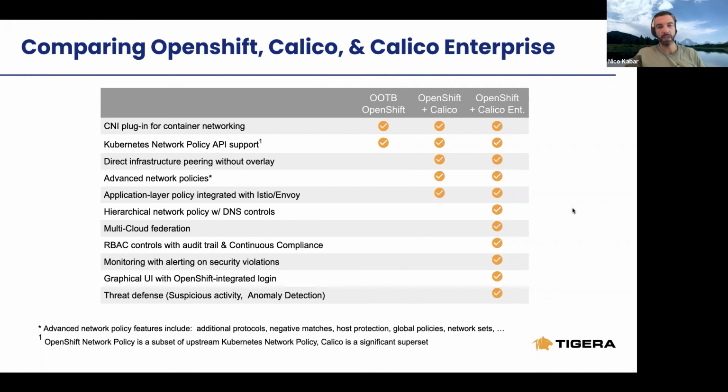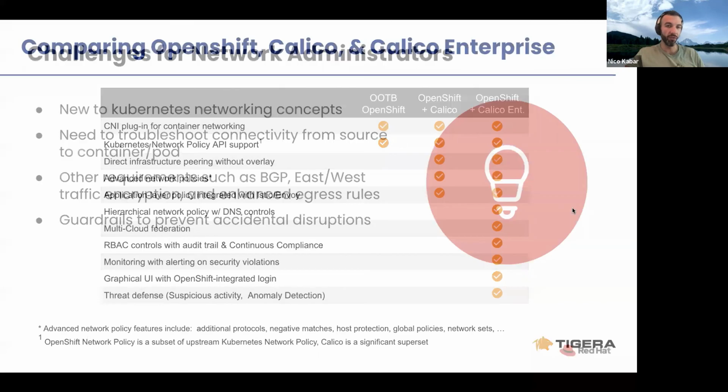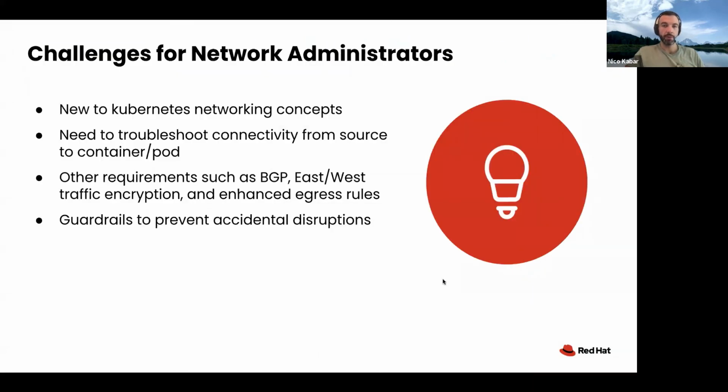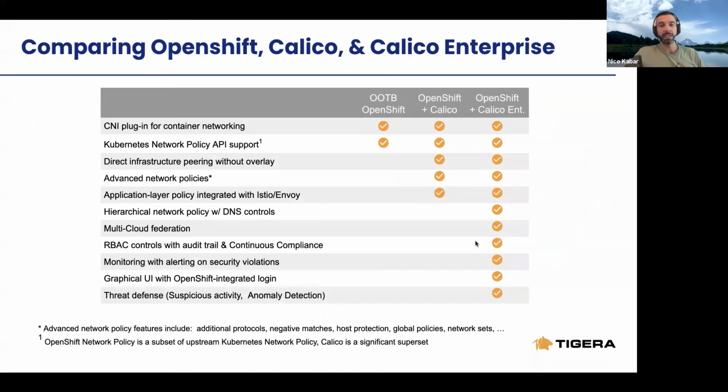Calico has an extensive set of what we call a superset of functionalities to define more advanced network policies. Application layer policy integration with Istio and Envoy. DNS and egress access controls to allow certain pods to specify egress rules to allow or deny them access to DNS-based or domain-based egress objects or destinations.